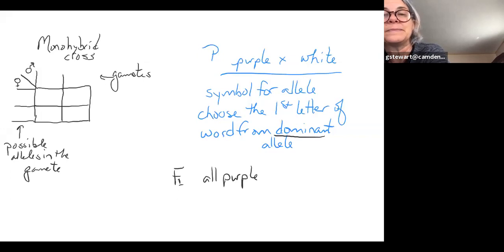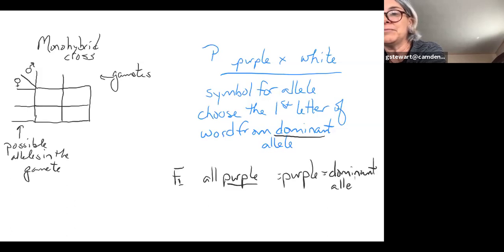So that's key. Because they are all purple, that makes purple the dominant allele. In this case, it's not like in peppers that we eat, but it is in flower color in peas. So purple's the dominant allele.